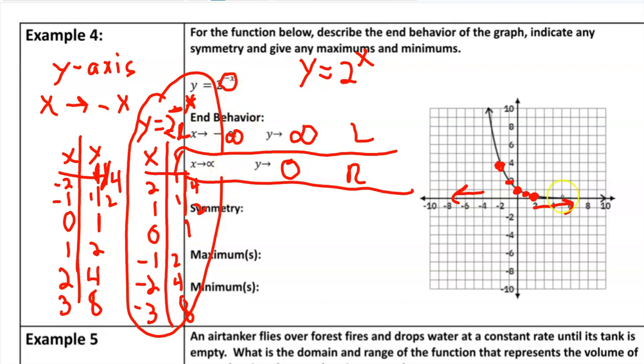X is getting closer and closer to 0 as well, so as x goes towards positive infinity, y is getting close to 0. This one here has no symmetry, and no max or min.